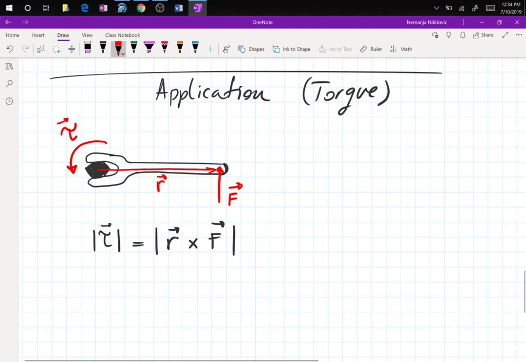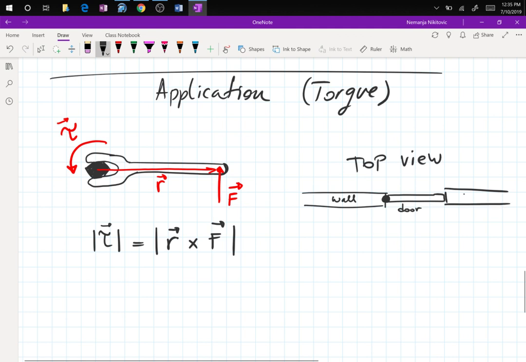If you look at the door from a bird's perspective, you're flying over, here's the wall, and then here's the hinge. This is the door. This is the top view, by the way. And then here's the other wall.